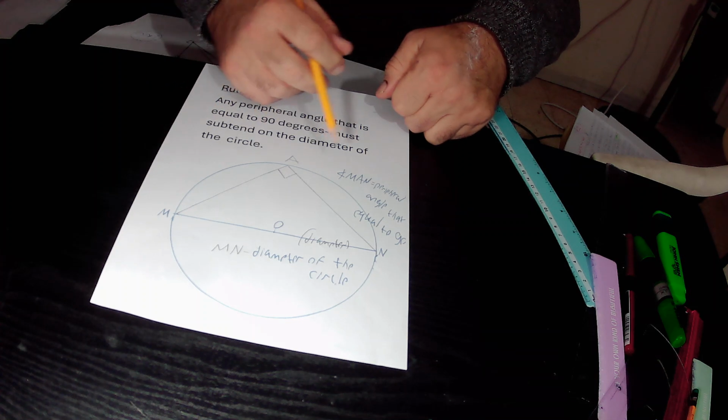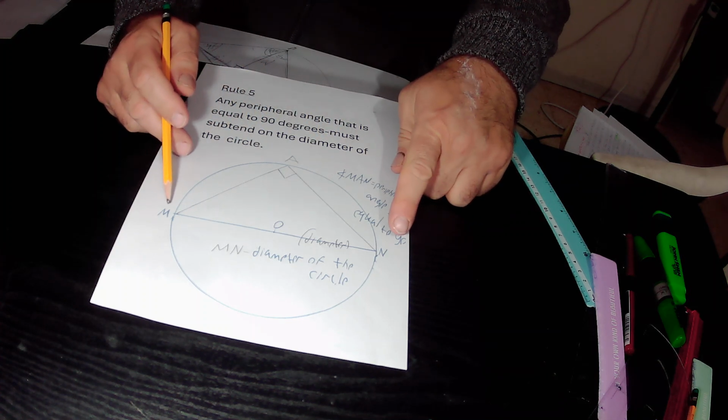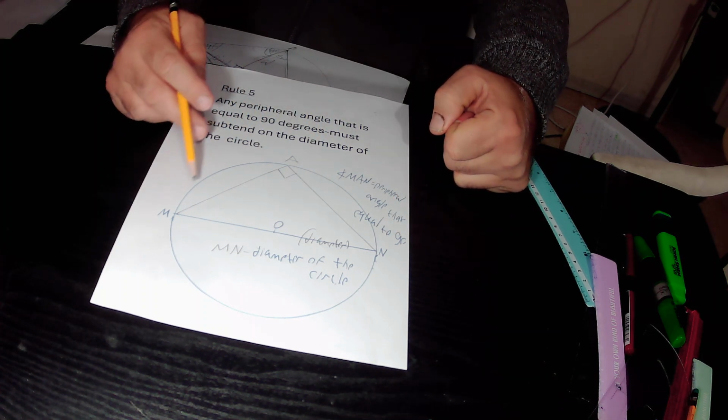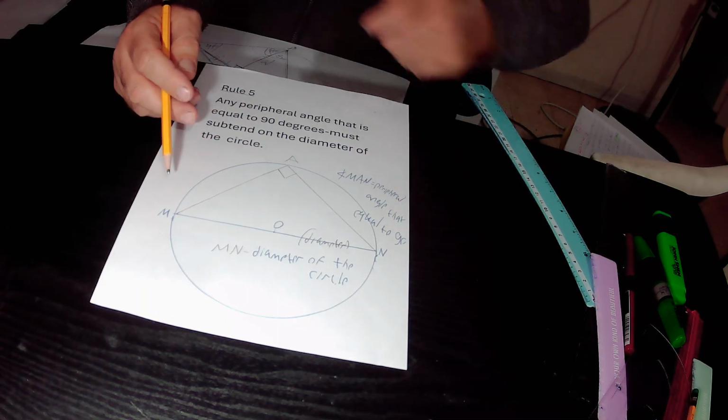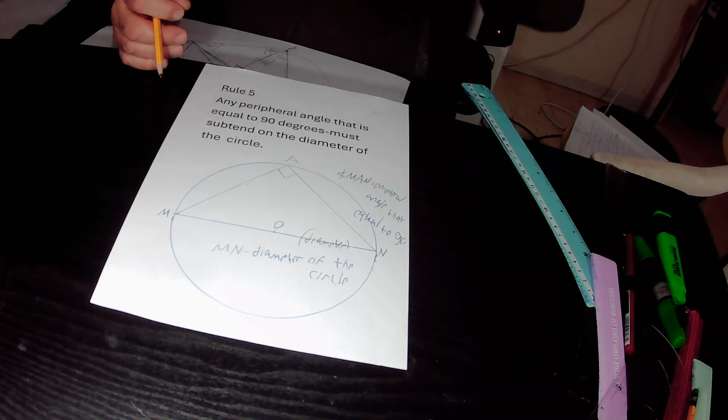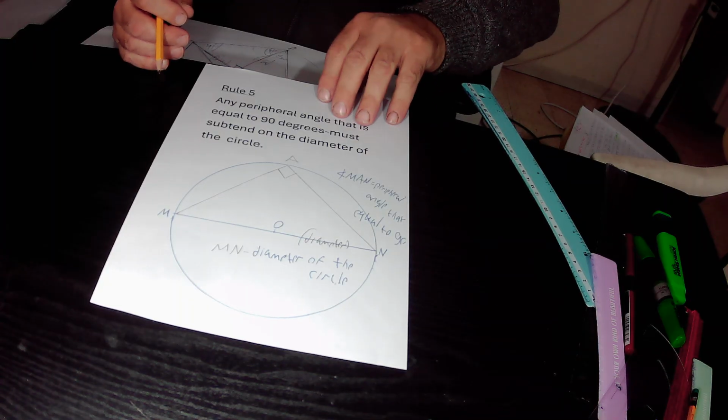Therefore, according to rule 5, peripheral angle MAN must subtend the diameter of the circle. And indeed, peripheral angle MAN subtends this element, that is the diameter of the circle. So according to this rule, any peripheral angle equal to 90 degrees in size must subtend the diameter of the circle. Now we implement rule 5 in our drawing.